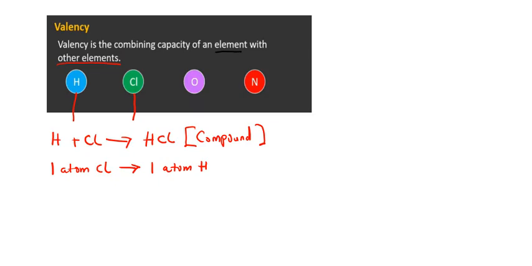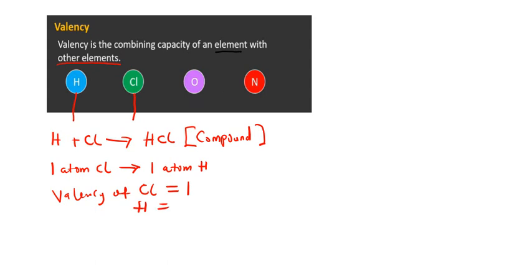So the valency of chlorine is 1, and the valency of hydrogen also is 1.